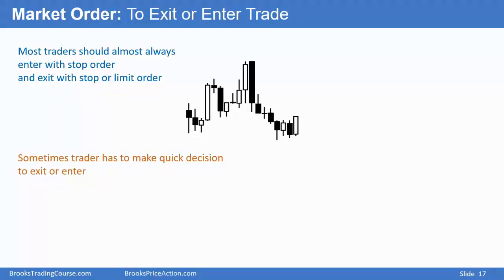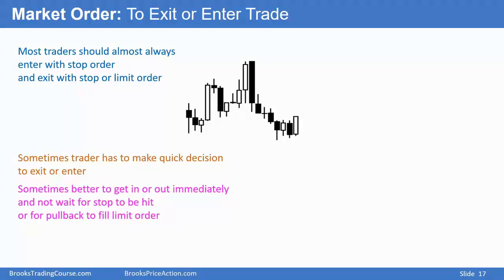Sometimes the market is moving very fast and you have to make a very quick decision, either to exit a trade that you're already in or to enter a trade. And sometimes it's just better to get in or get out immediately and not wait for your stop to be hit, or not wait for a pullback that would allow you to enter at a better price with a limit order.